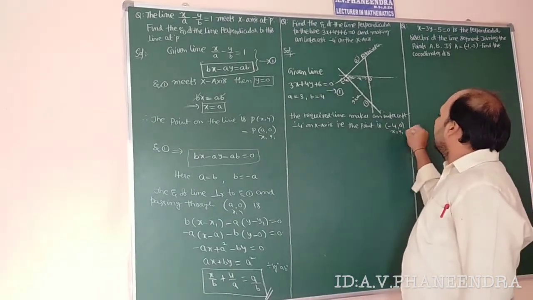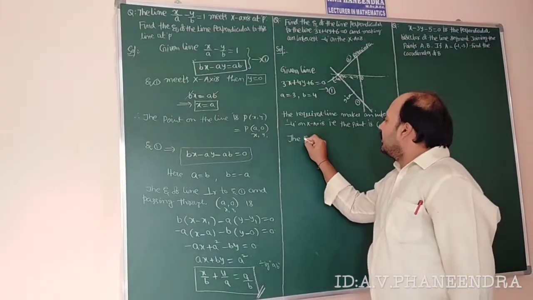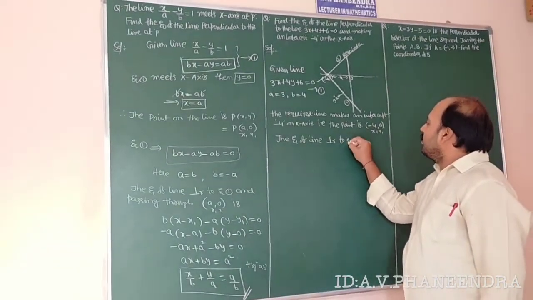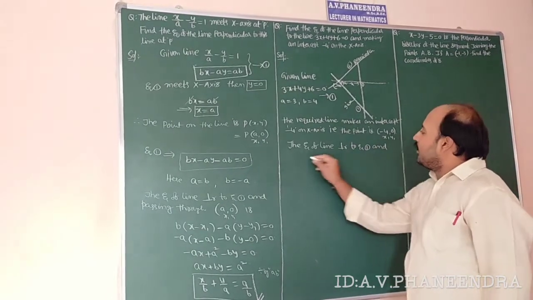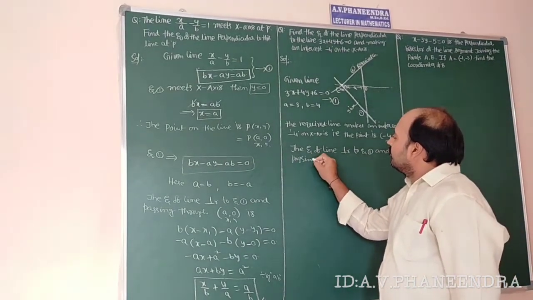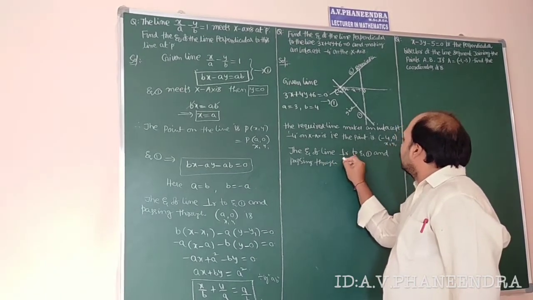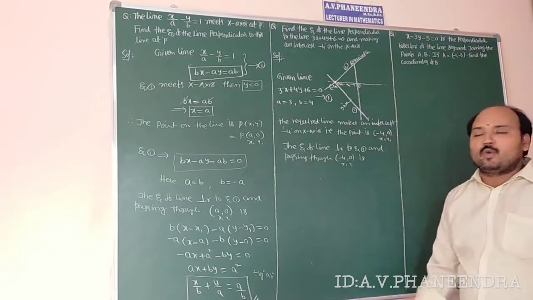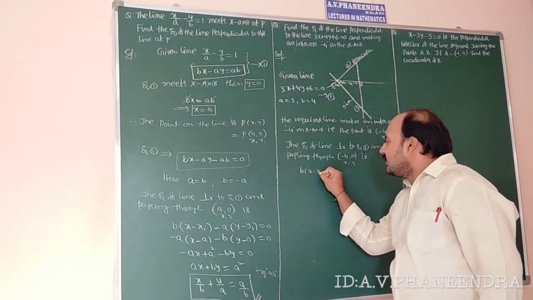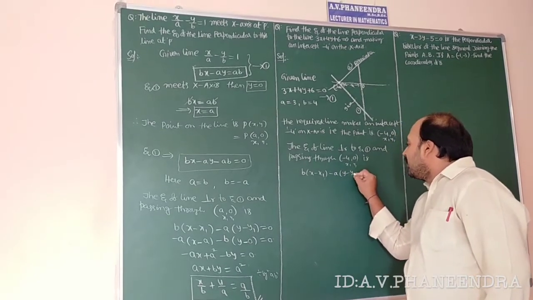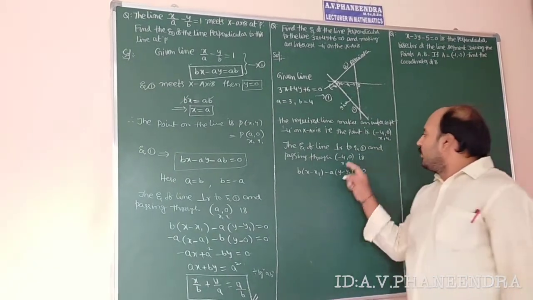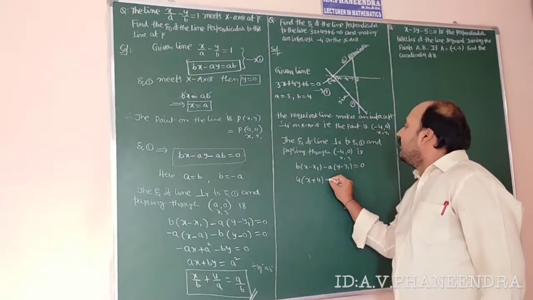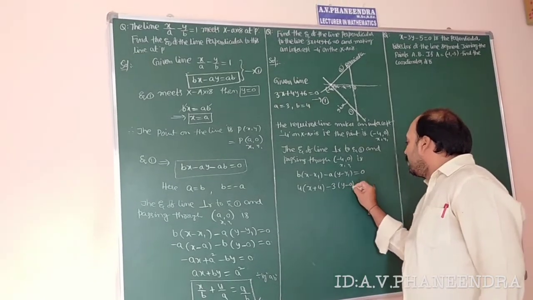This is (x1, y1). So the equation of the line perpendicular to equation 1 and passing through (-4, 0) is, that means we are going to calculate the perpendicular line, b(x - x1) - a(y - y1) = 0. The b value is 4, x minus x1 is minus of minus 4, the a value is 3 into y minus 0.